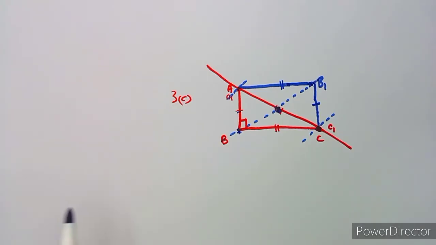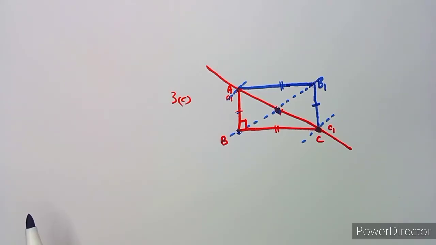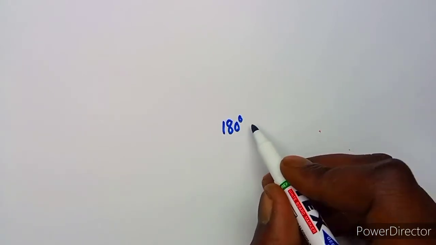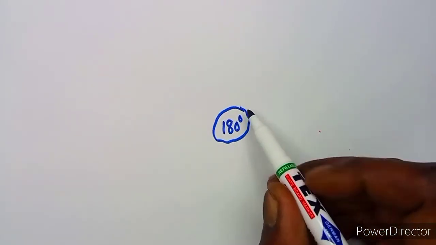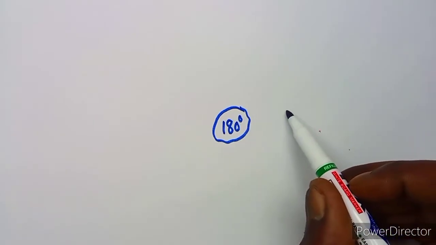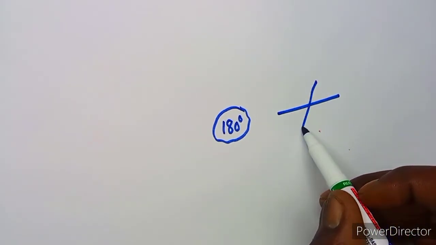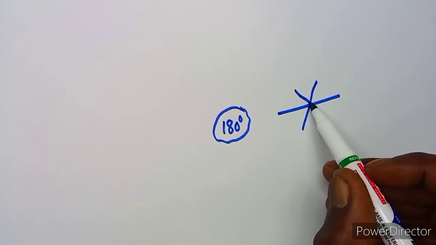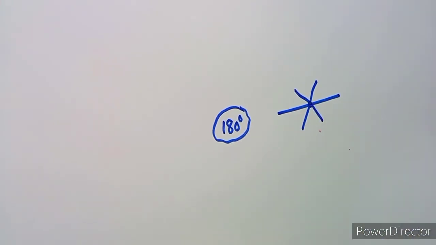If it is a rotation, remember the concept of a rotation, all points have to move. A rotation of 180 degrees is a special type of rotation. I actually explained this in our classes, where all points pass through the center of rotation.